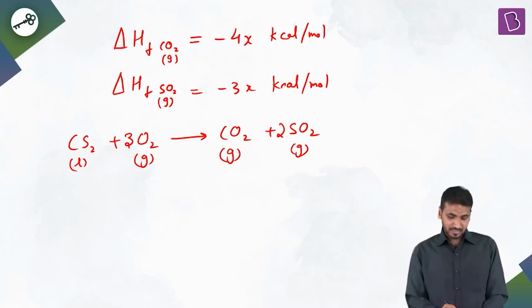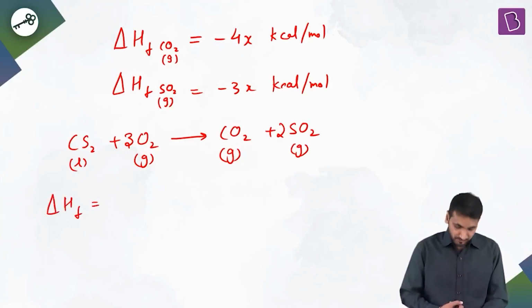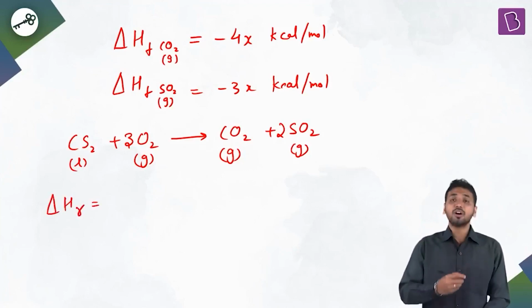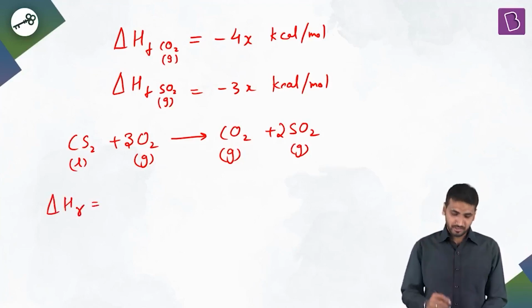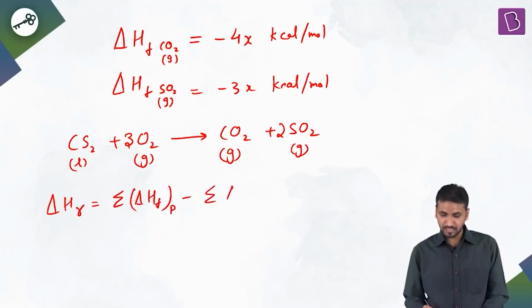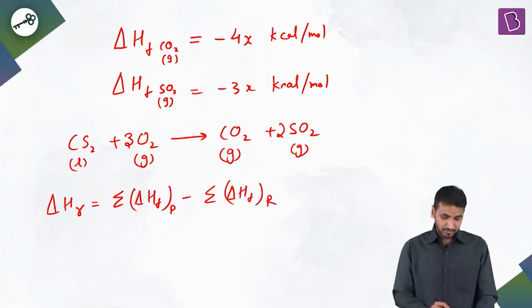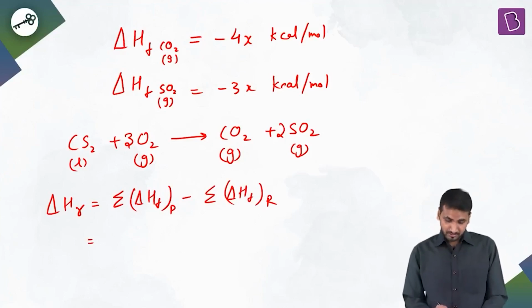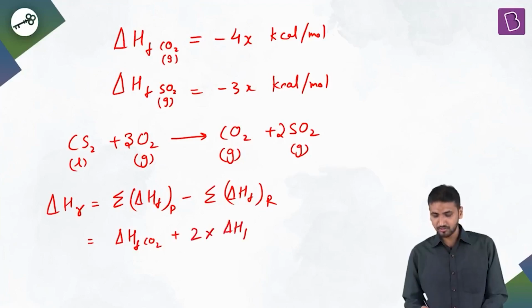Let's write the enthalpy of reaction in terms of enthalpy of formation, right? So it will be summation of enthalpy of formation of product minus summation of enthalpy of formation of reactant. What do you have on the product side? You have CO2, so delta H formation of CO2 plus 2 into delta H formation of SO2.